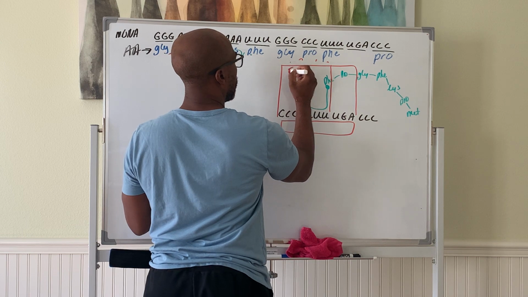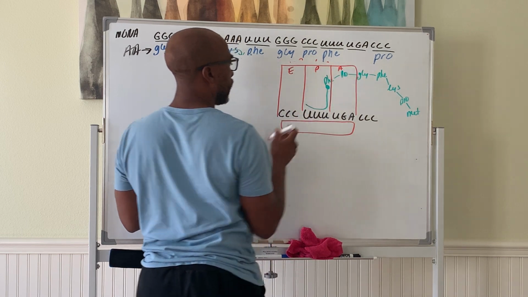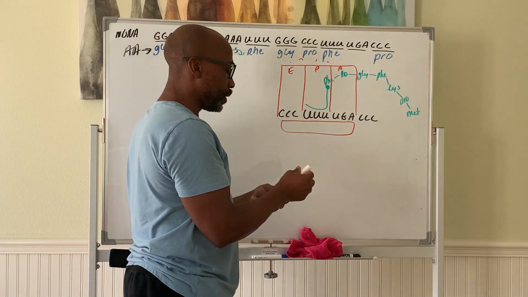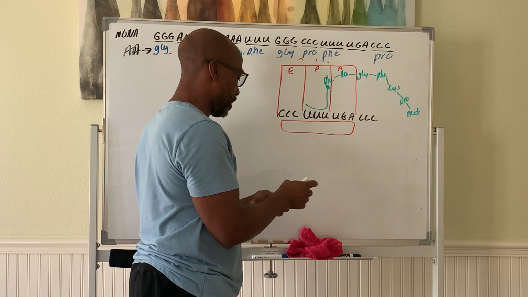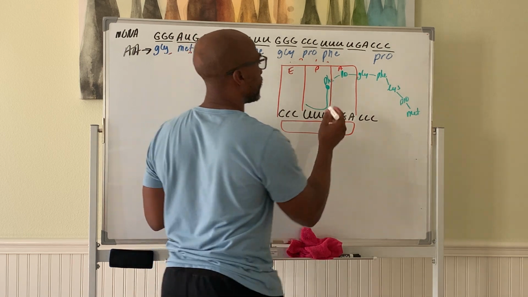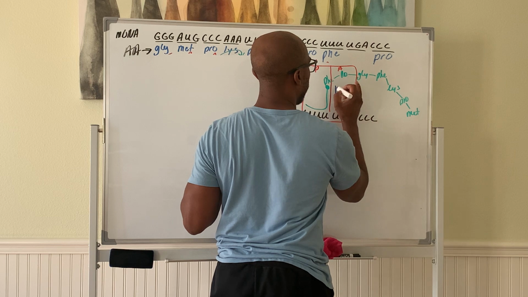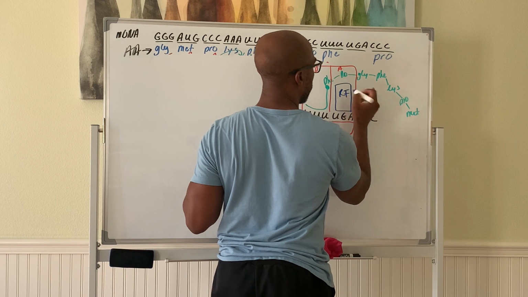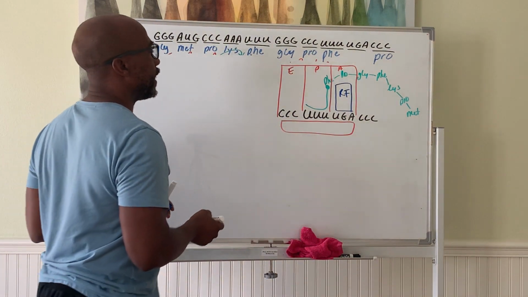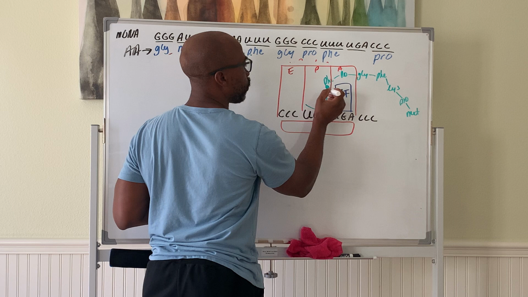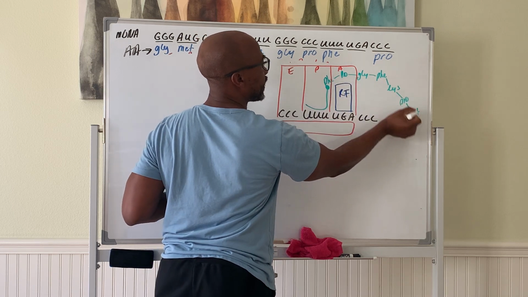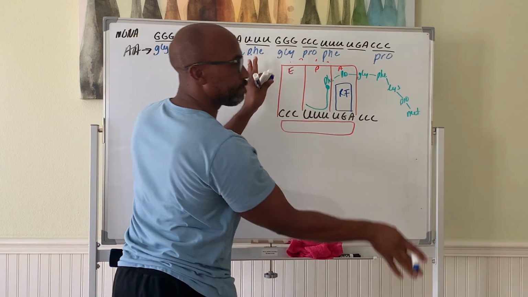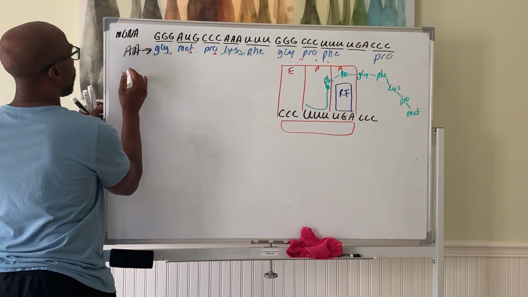So E, P, A. So now, once you get to the stop codon, a protein called a release factor enters the site, and that protein will break the bond between the tRNA to release the peptide chain, and the ribosome will dissociate.